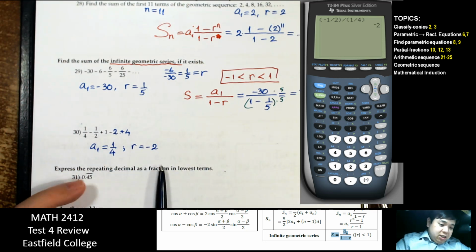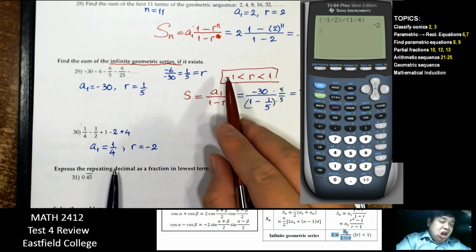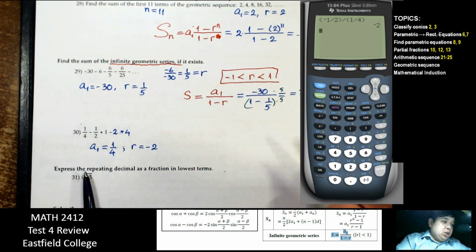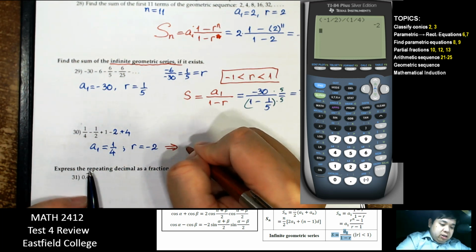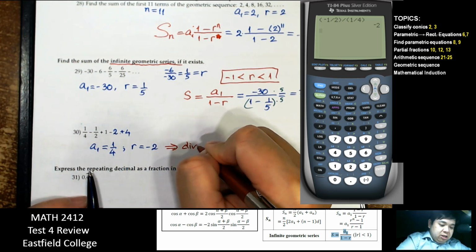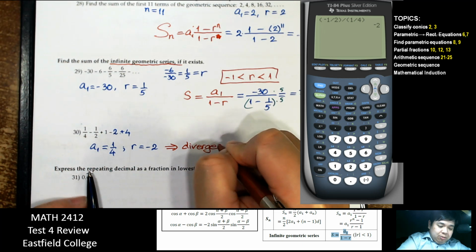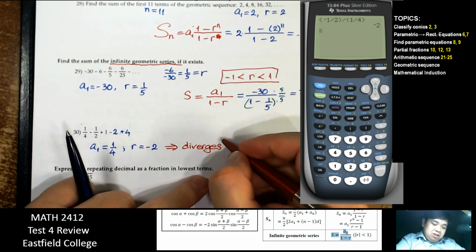Right. Since the ratio is not between negative 1 and 1, this one is divergent, meaning the sum does not exist.